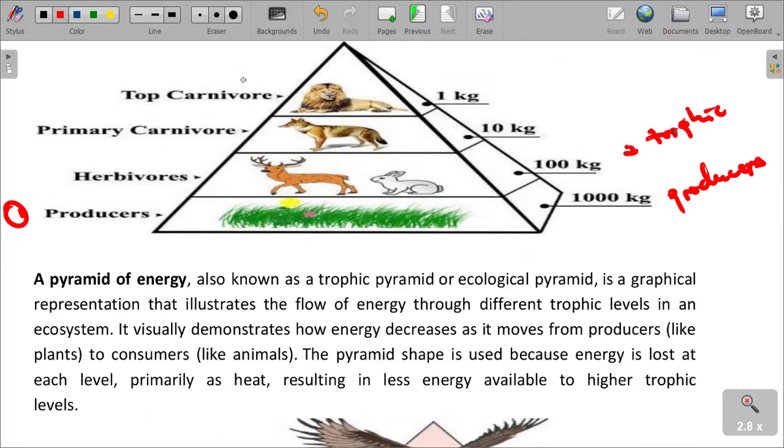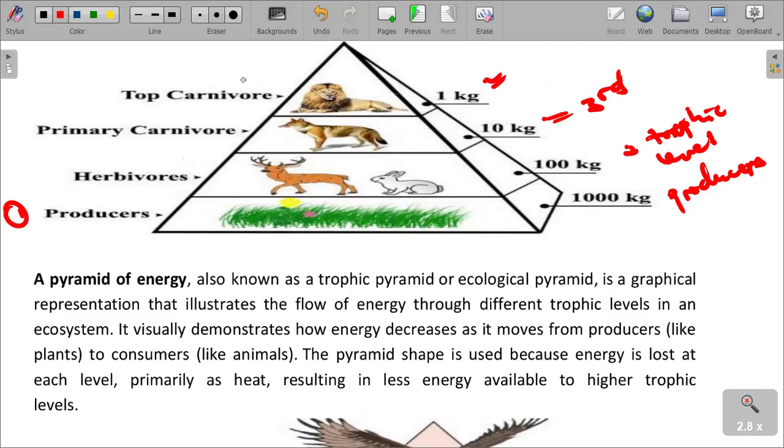And then we have the third one, showing the primary carnivore with 10 kg, which is our third level. And then we go to the tertiary carnivore, which is 1 kg.